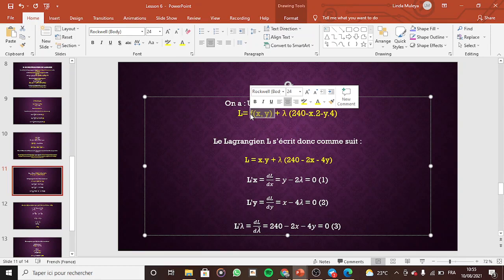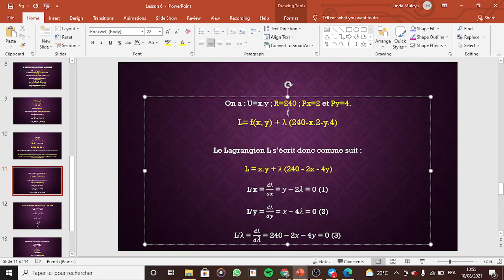Are we together so far? Let me clarify it here. F of x and y is equal to x multiplied by y. Voila. And so we'll take that and replace it here in our formula, x times y.